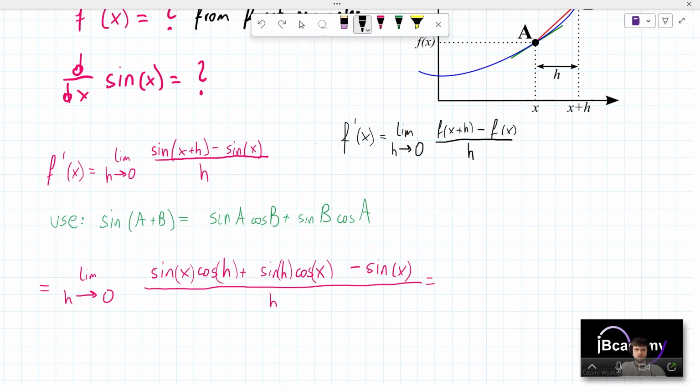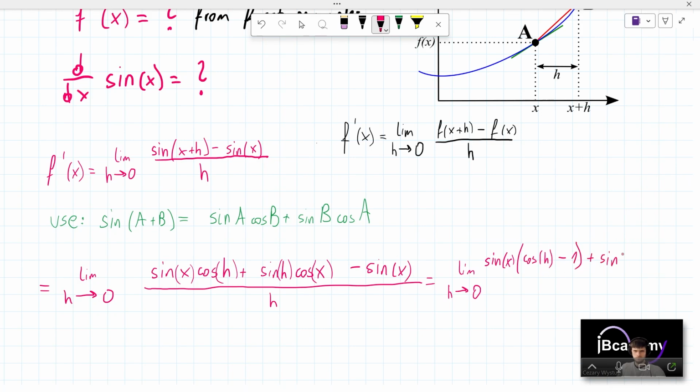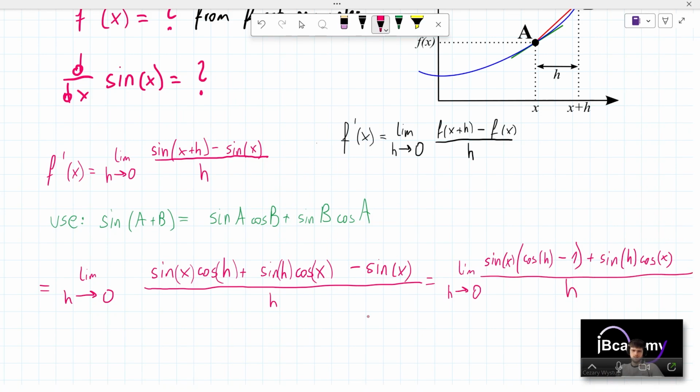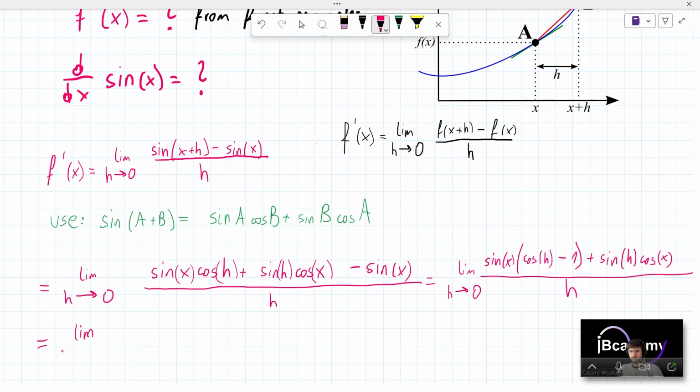So we will put these two together and factor sine of x out. And let's now split it into 2 fractions instead of 1. So this separately and this term separately as well. And the limits add.